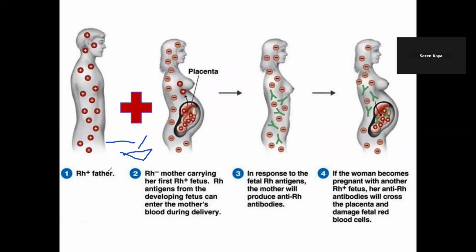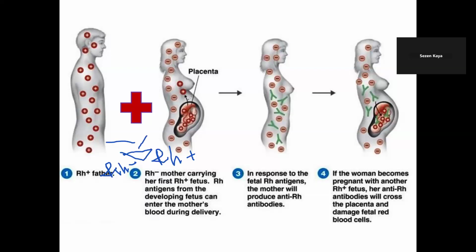First option, the baby will be rhesus negative as mom, and second, it could be rhesus positive as dad. What is the problem? If mom is rhesus negative, but the baby is rhesus positive, the mother's immune system understands that inside her body there is a foreign antigen, and the immune system of the mom begins to attack the fetus.